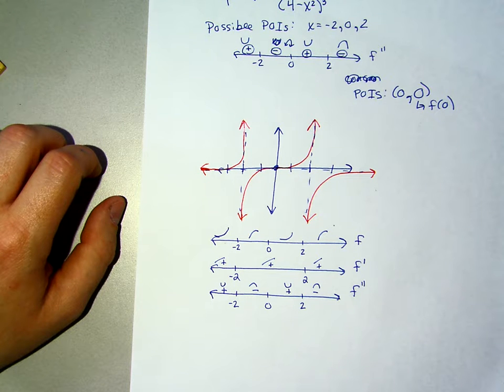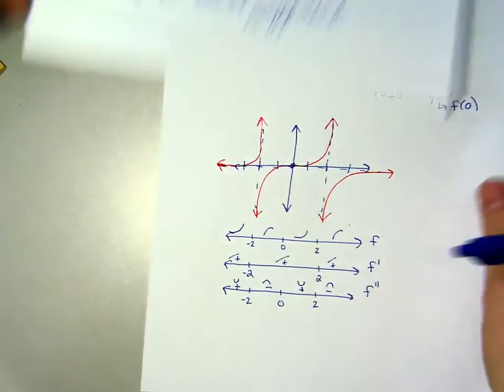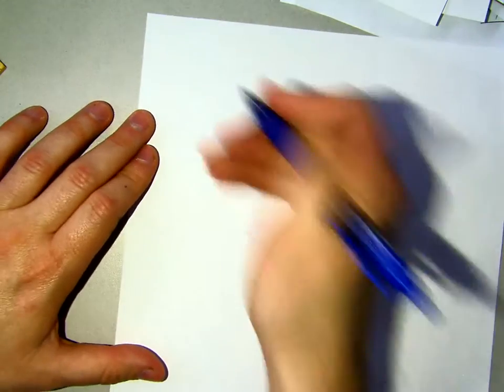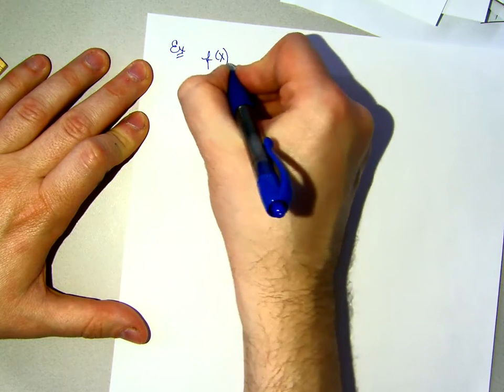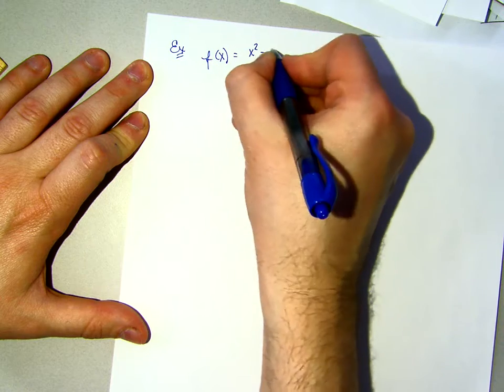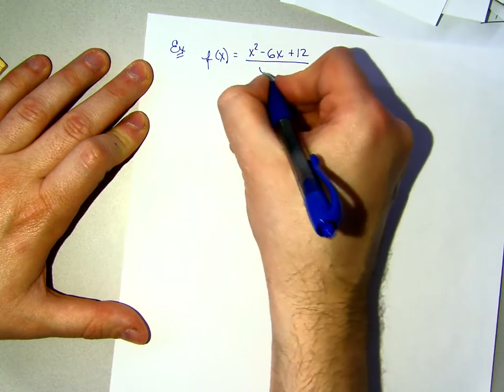We are going to do as much of a second example as we can get to. So we're going to take a look at the function f of x equals x squared minus 6x plus 12 over x minus 4.